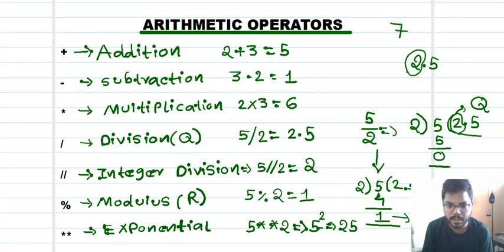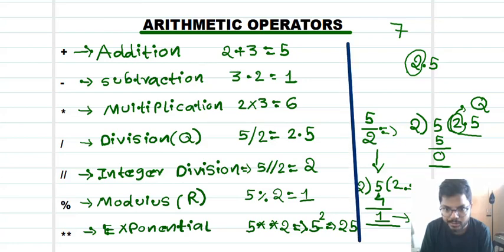Now I will make a partition like this for your simplification. So from here you can clearly see that the double star indicates 5 square equals 25.